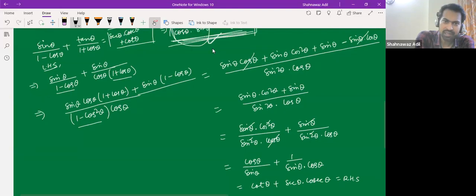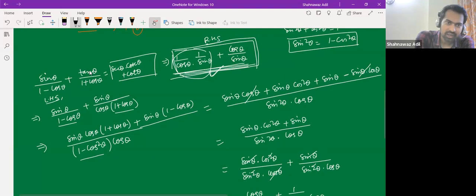So the only idea is that we write every term, every function, in sine and cos, and then we simplify. This is the only idea, at least in this exercise. So please note it down, guys.